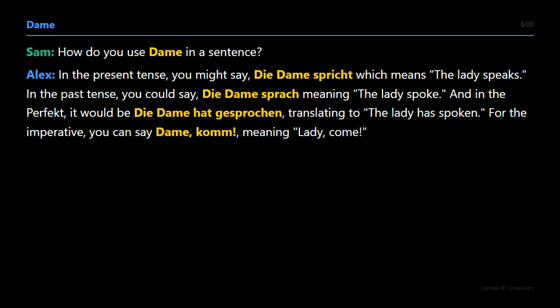And in the perfect, it would be, Die Dame hat gesprochen, translating to the lady has spoken. For the imperative, you can say, Dame, komm, meaning lady, come.